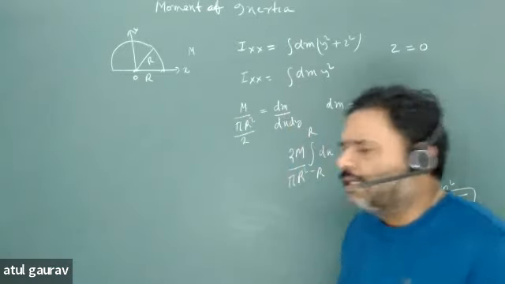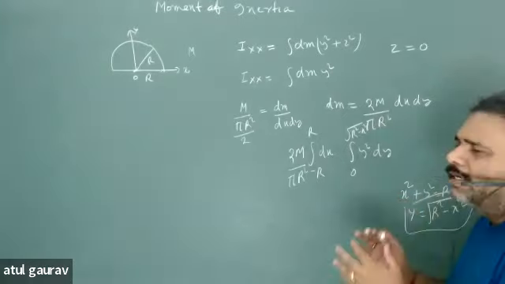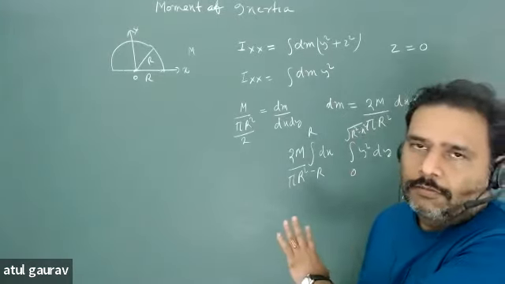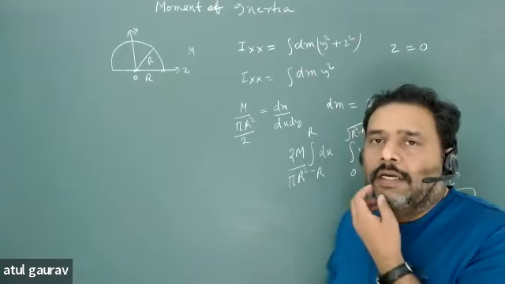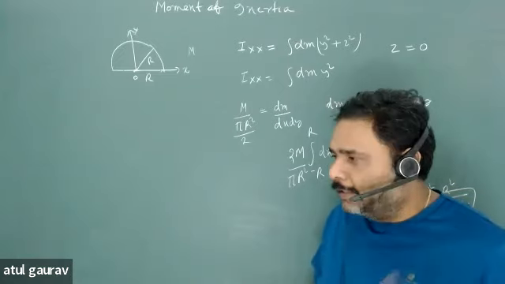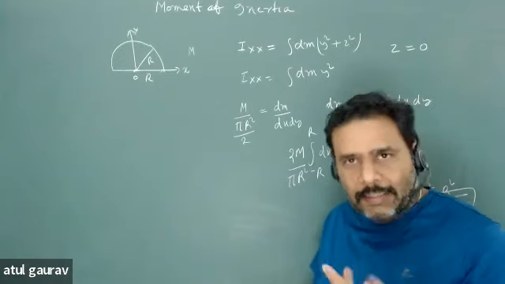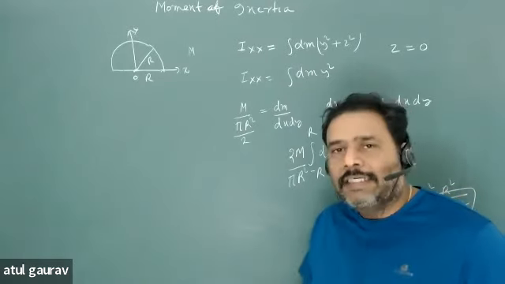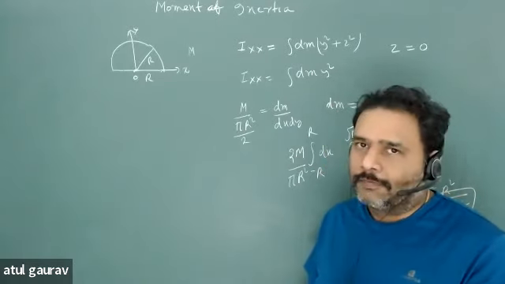This will make the thing a little bit lengthy. You can solve it with this method also. Don't worry, you can easily solve it. But obviously, if you have a different mathematical tool, you can solve it in a very efficient manner. So efficiency is the key for the coordinate transformation.